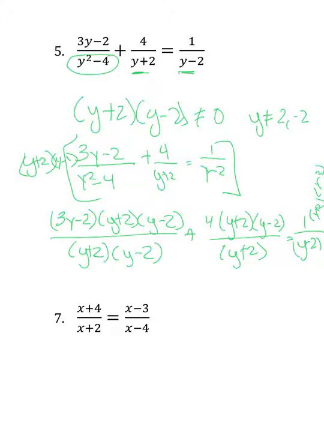Now how does this help us? Well, it allows us to cancel a whole bunch of stuff. All of this is going to cancel with all of that. The y plus 2 cancels with this y plus 2, and the y minus 2 cancels with that y minus 2. So what am I left with?